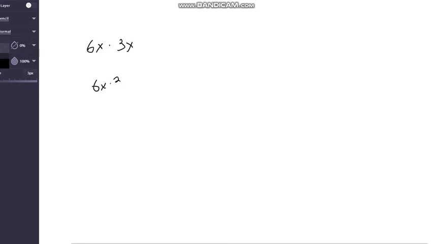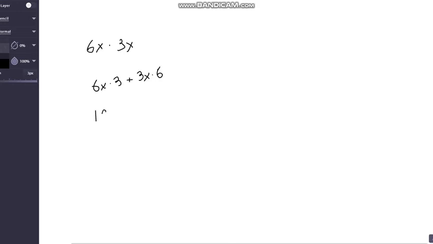So 6x times 3. I got 3 by using the power rule, x to the power of 1. And then you add the other side that's not derived times the other side that wasn't derived is now derived, so times 6.